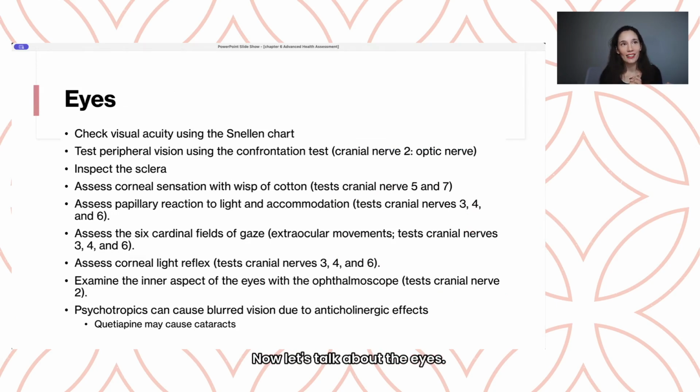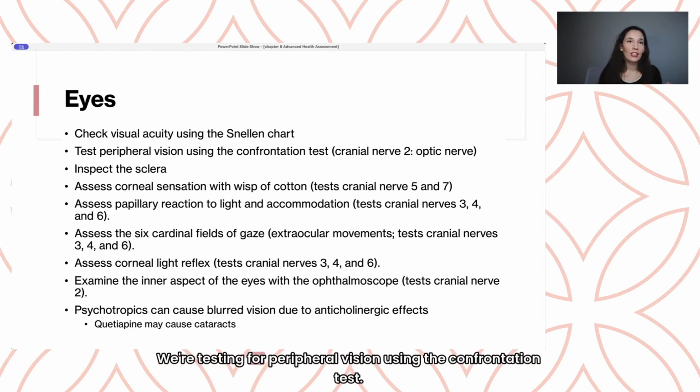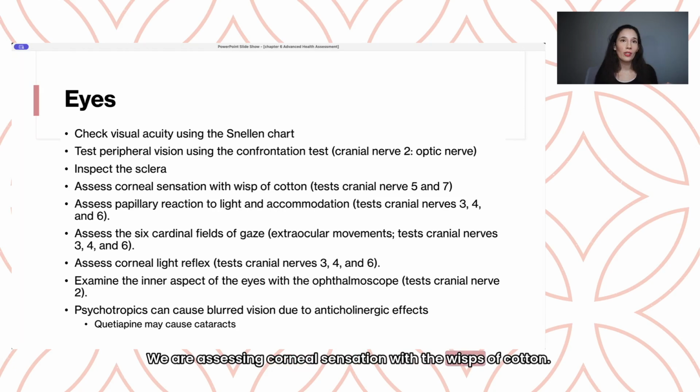Now let's talk about the eyes. So we're checking for visual acuity with a Snellen chart. We're testing for peripheral vision using the confrontation test. We are inspecting the sclera, or the white part of the eyes. We are assessing corneal sensation with wisps of cotton. Again, testing those cranial nerves. We went over that. Assessing pupillary reaction to light and accommodation.